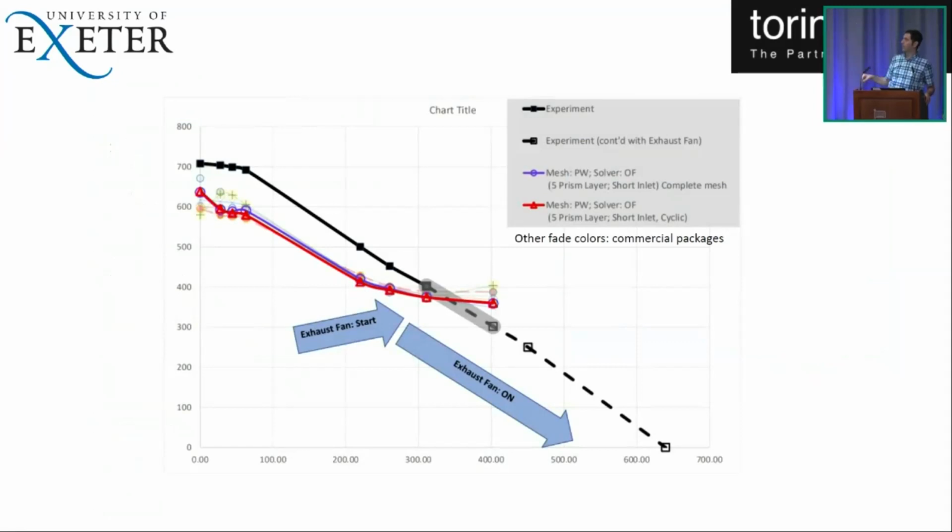Up to that point, we see that all of the commercial software, and also the results of OpenFOAM, the curves were more or less within 10% difference. And that's what OpenFOAM can do for industrial usage.